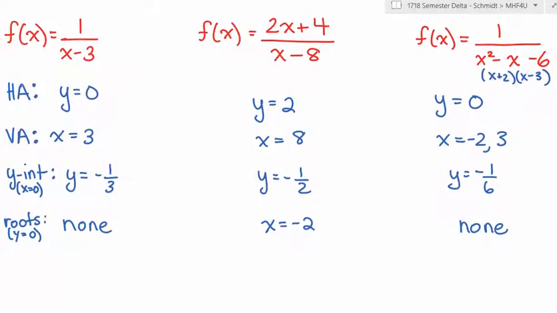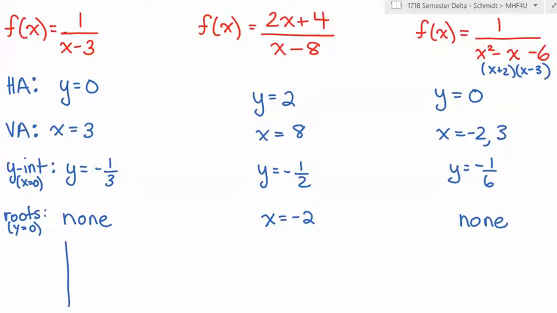And that's pretty much all our key features, so we can graph each of these now. Let's do a quick sketch of all of them. We know our horizontal asymptote is right at 0, our vertical asymptote over here at 3. We have a y-intercept at -1/3, and we have no roots. So our graph is going to look like this.